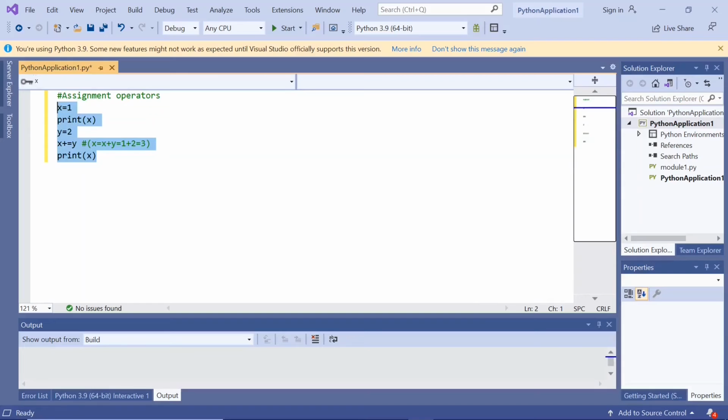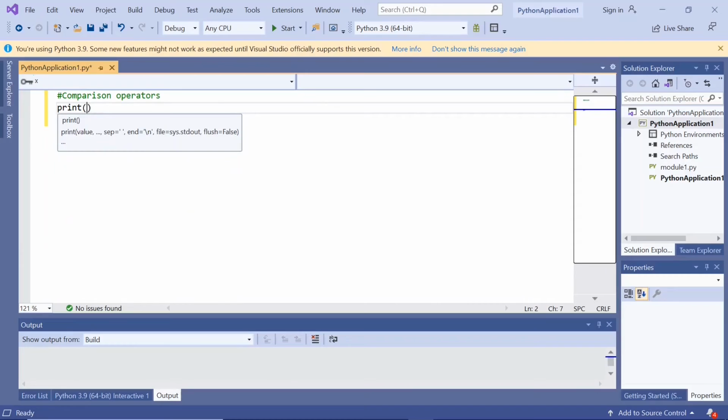Now let us look at some comparison operators. Print 1 equal to 1.